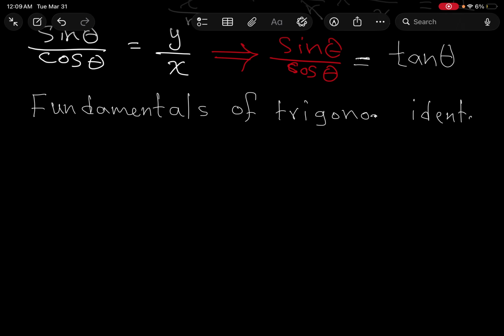Okay, so we have tangent of theta equal to sine theta over cosine theta. And we have a general formula here.